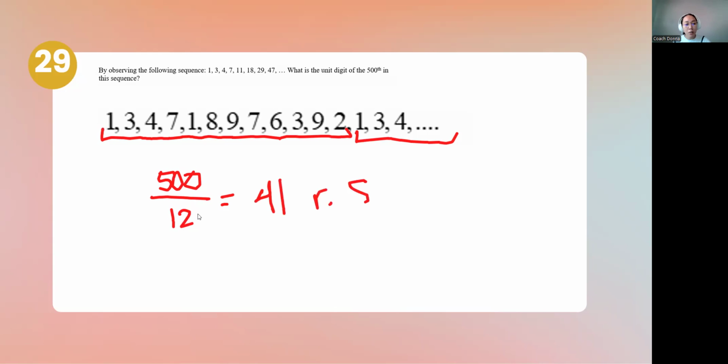It is the remainder that we are after. So 1, 2, 3, 4, 5, 6, 7, 8. The unit digit of the 500th in the sequence is 7. All right. So that is it for that number. Let us proceed to the last one.